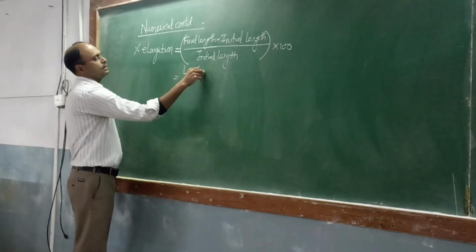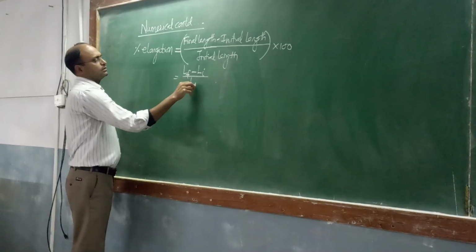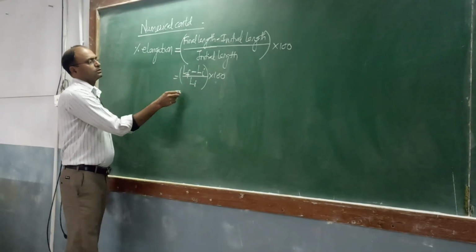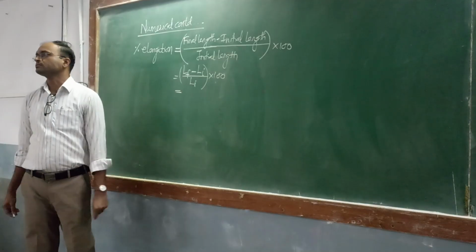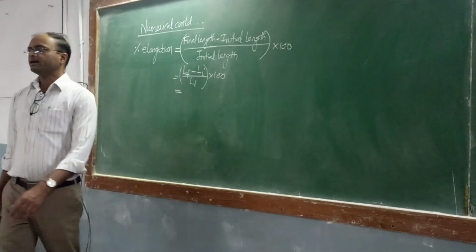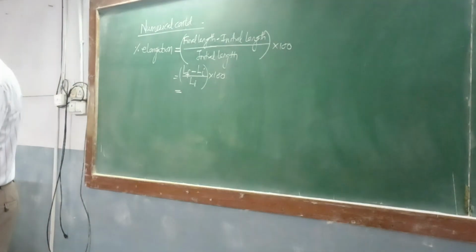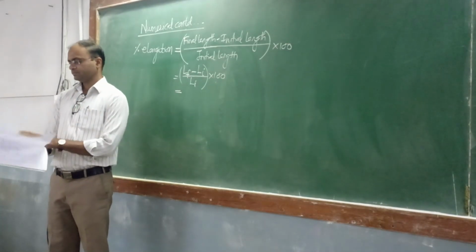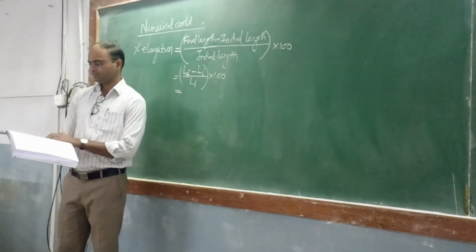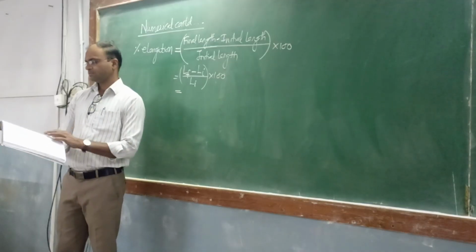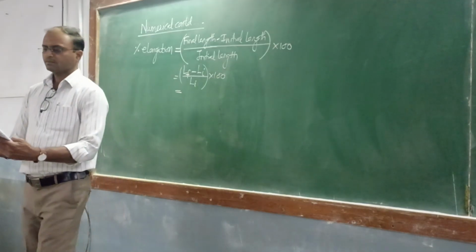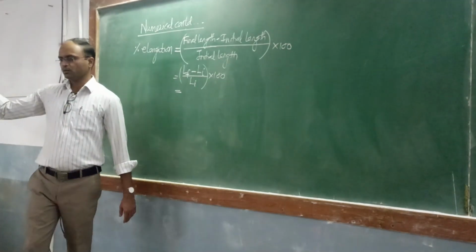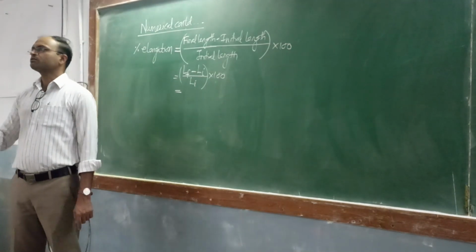What is the value of the final length? See the table. In the table it is given, just see the last row. 50 is the elongation. It is not the final length.